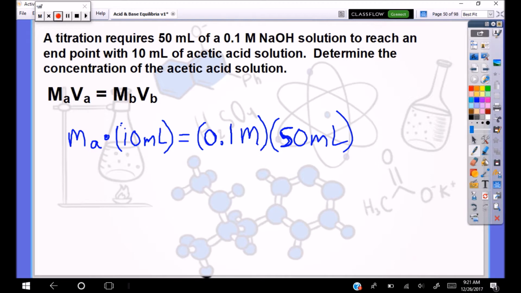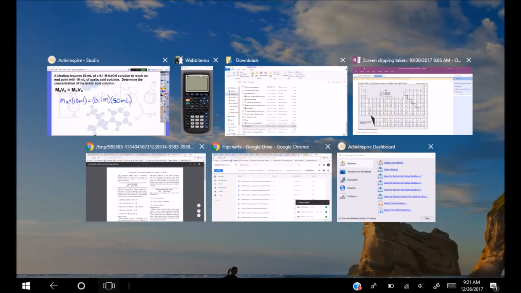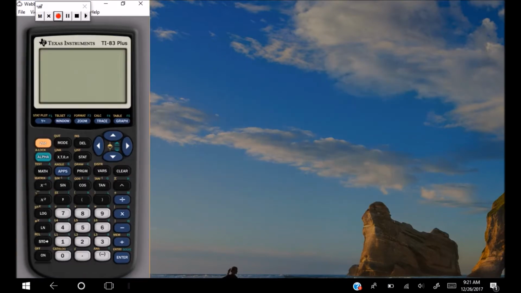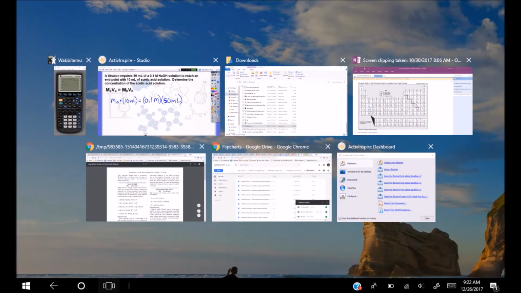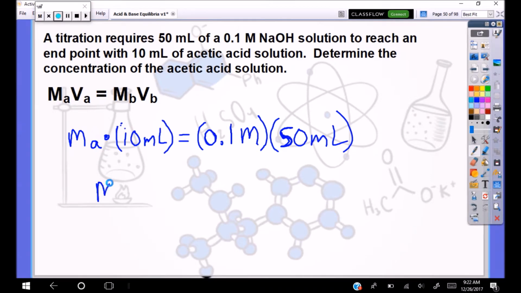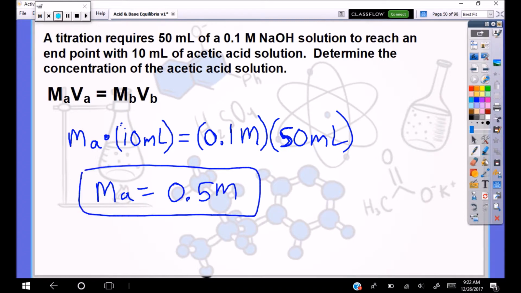Okay, so if I multiply 50 times 0.1 and then I divide by 10, I can get my concentration. So 50 times 0.1 divided by 10, my concentration is going to be 0.5 molar. Not too bad.